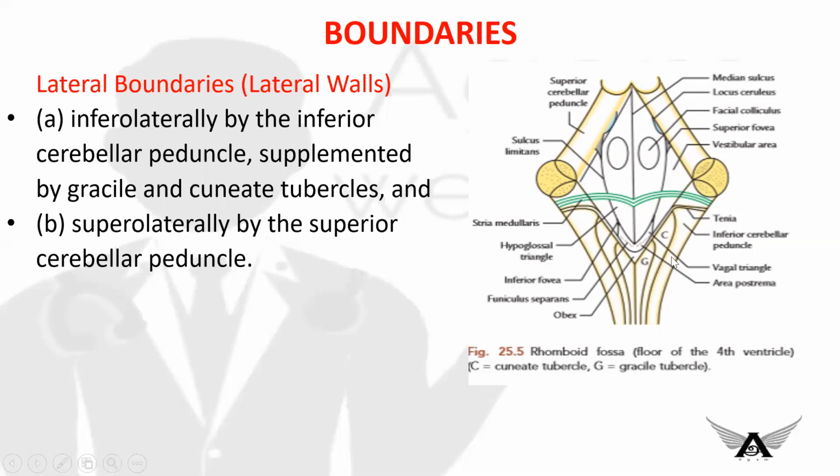Inferolaterally, this is the lateral side, by the inferior cerebellar peduncle. This is the inferior cerebellar peduncle. These are all just tracts or fibers. Inferior cerebellar peduncle supplemented by the gracile and cuneate tubercle. You will have the gracile nucleus and cuneate nucleus, and the tubercles of those are called the gracile tubercle and the cuneate tubercle.